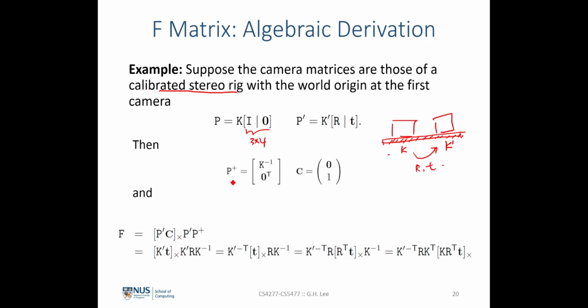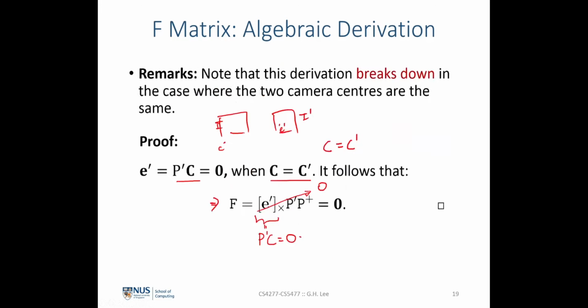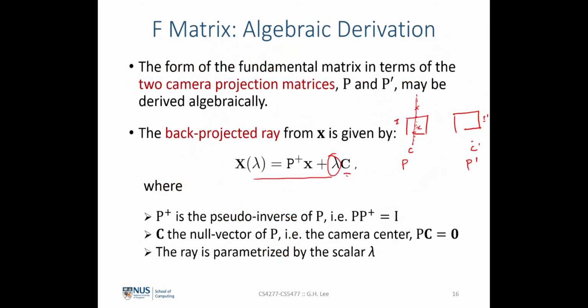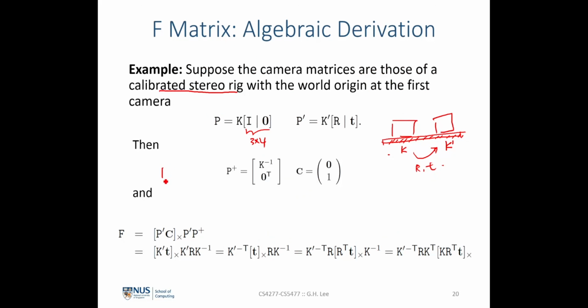Then we can easily find the pseudo inverse of the first camera matrix. The pseudo inverse, as we have seen earlier, is given by the relation that the 3 by 4 matrix P multiplied by P plus equals the identity. We can solve P multiplied by P plus equals identity, and since we know P here, we can plug it in and solve for the pseudo inverse P plus.